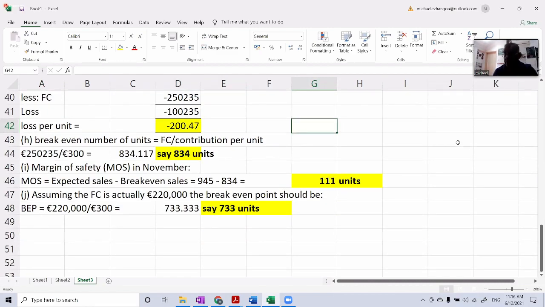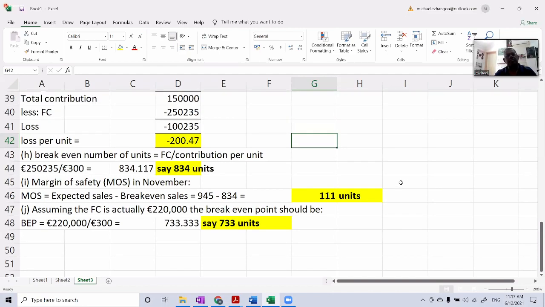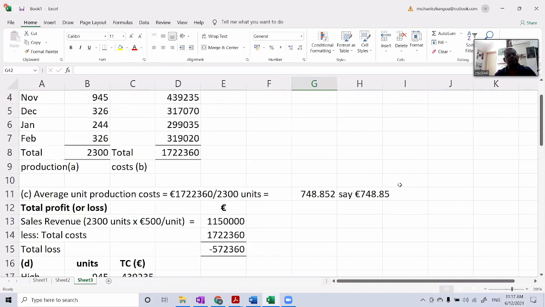Not too bad. I think the question is not too bad. With a little bit of practice, I think you'll get the hang of it. If you do get a CVP analysis question in the exam, I'm not saying you will, I can't see the future, but if you do, it would be something like this.